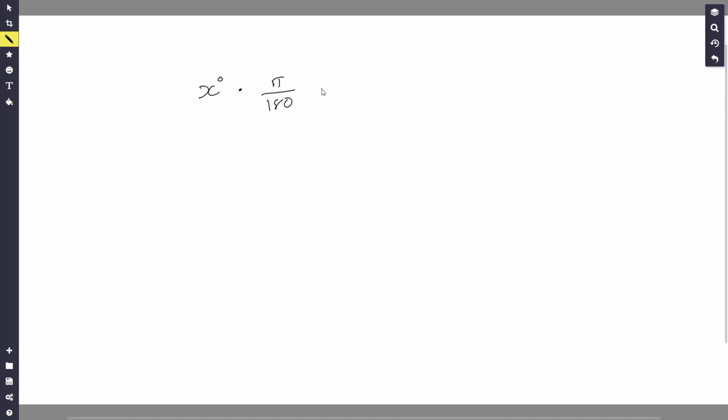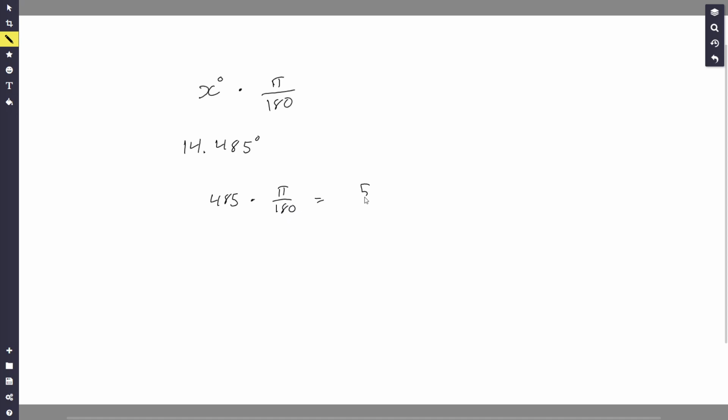Since we are going to be doing 14, it's going to be 485 degrees. So 485 times pi over 180.